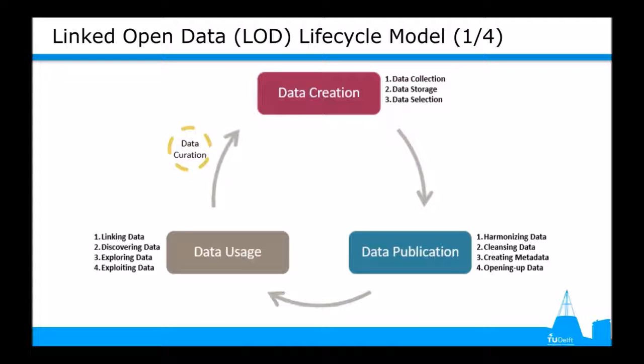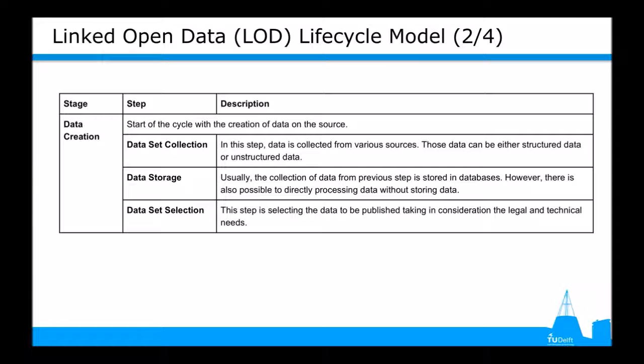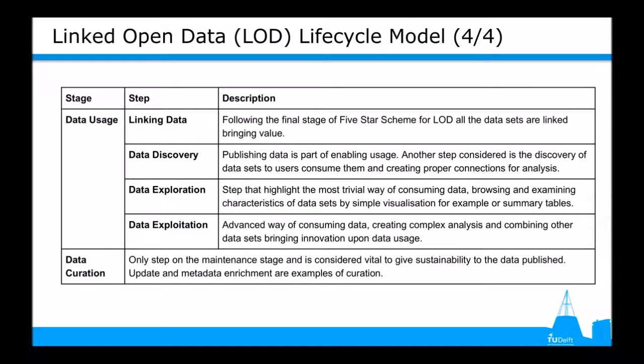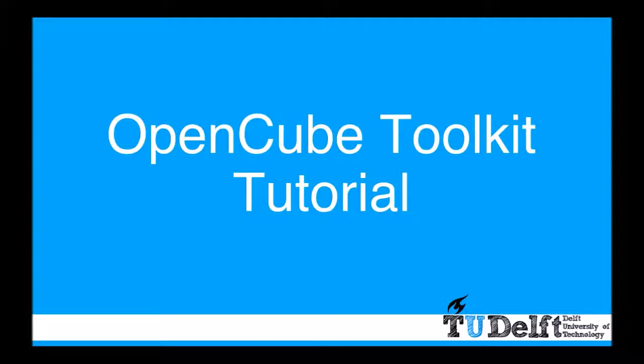The data curation is across the whole cycle, but we insert it between the data usage and the data creation, because normally after we use the data, we can improve the quality of the data creation. So here we described the stages and the steps, and what they mean to us. And now I give the floor to my colleague Agung Wayudi to explain what the OpenCube toolkit is.